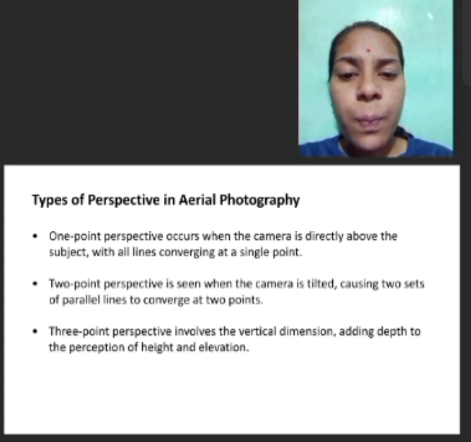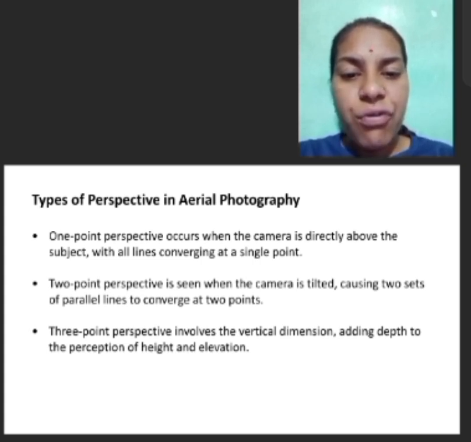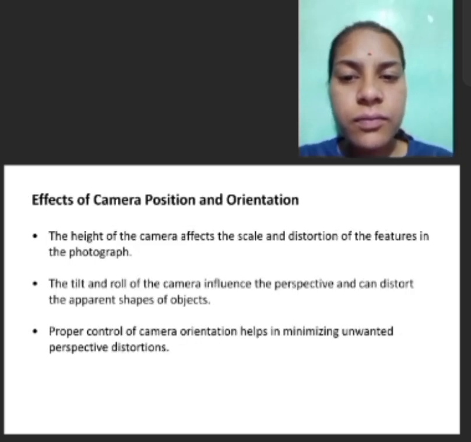Two-point perspective is seen when the camera is tilted, causing two sets of parallel lines to converge at two points. Three-point perspective involves the vertical dimension, adding depth to the perception of height and elevation.